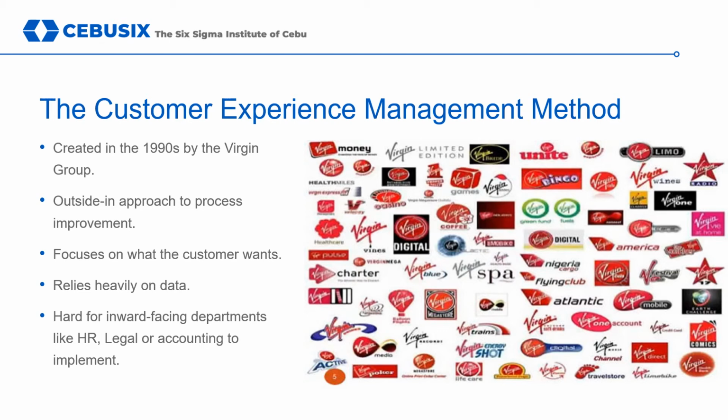The primary purpose of customer experience management is to align processes throughout an organization with customer satisfaction goals. As such, even processes without a direct relation to customers are defined in terms of customers.